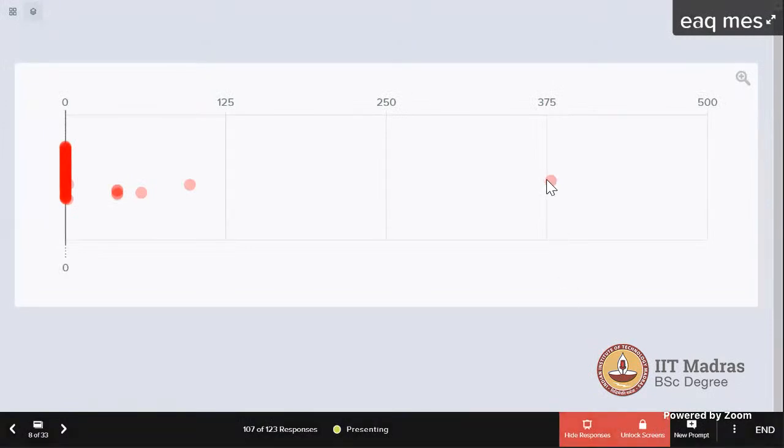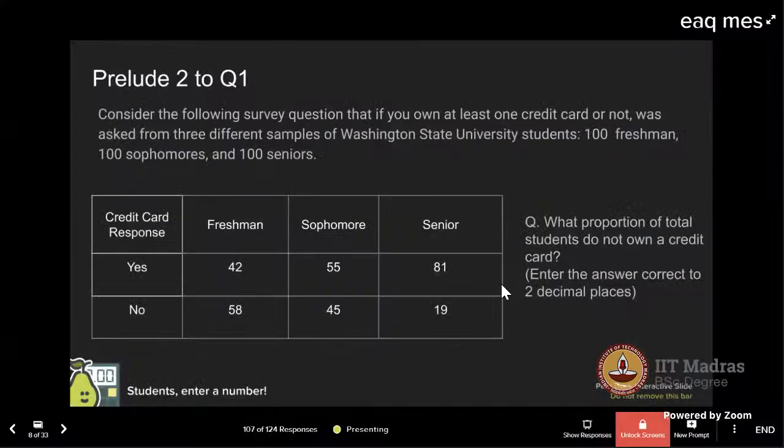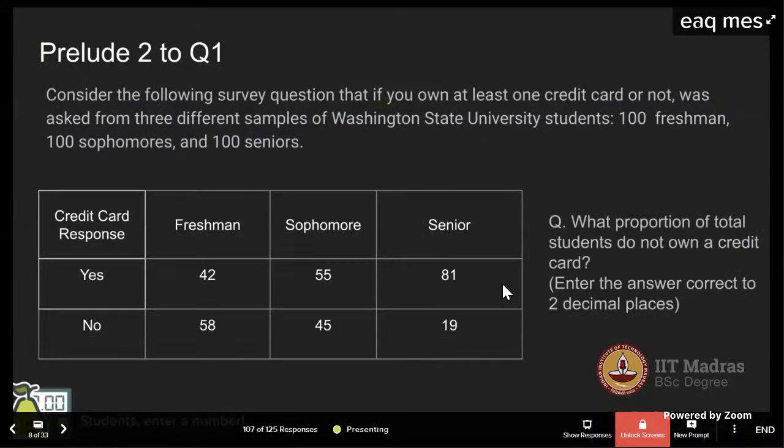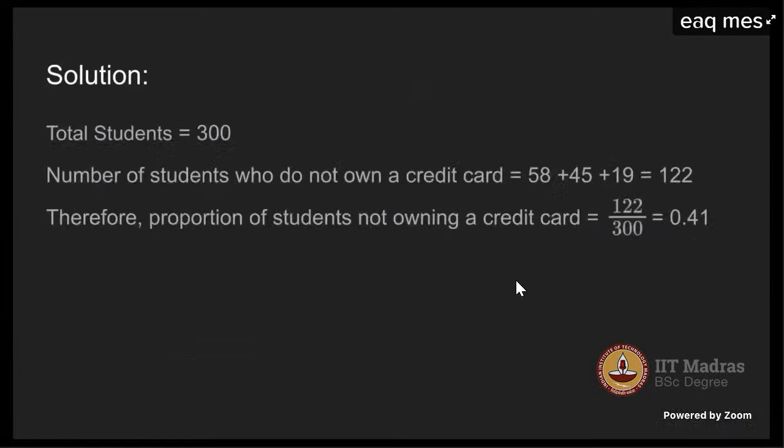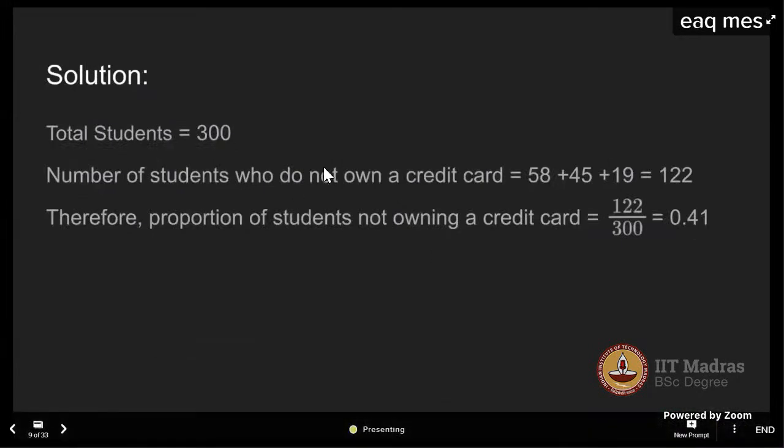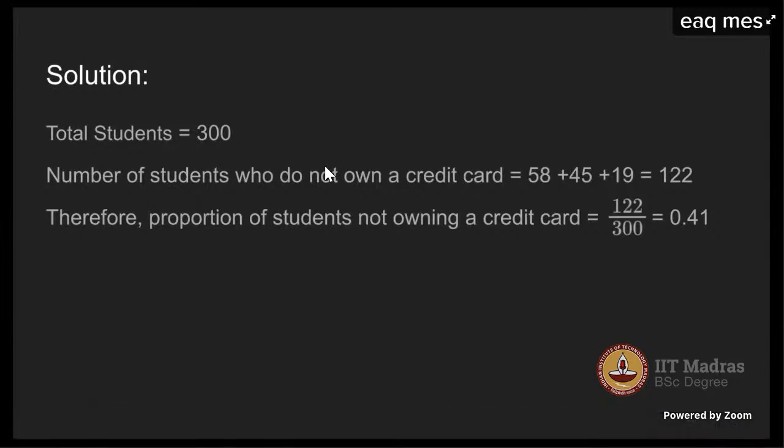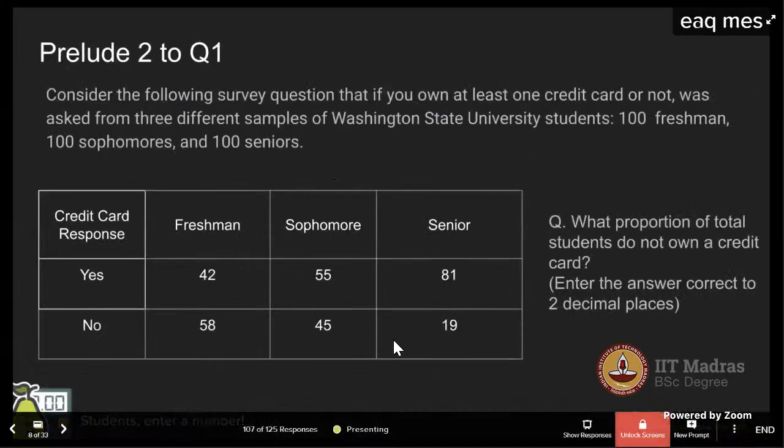Someone is answering 375. We will have to look at their data. So, what proportion of total students do not own a credit card? We know that the total number of students is 300, and for the number who do not own a credit card, you just have to add the second row. 58 freshmen don't own a credit card, 45 second year students don't, and similarly 19 seniors don't.